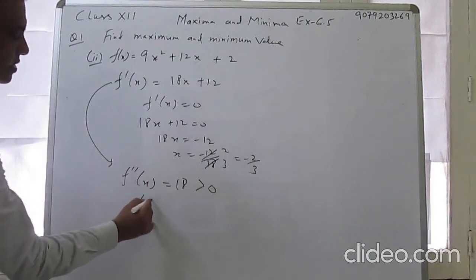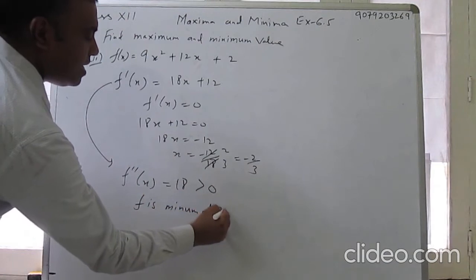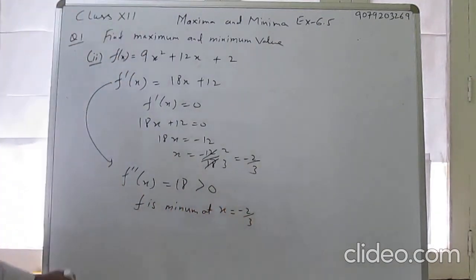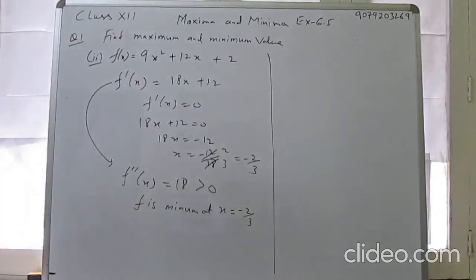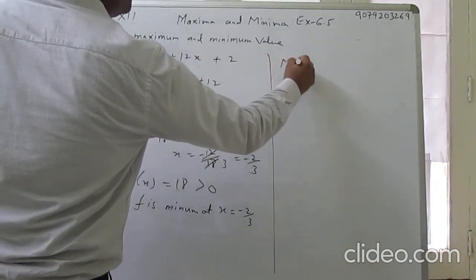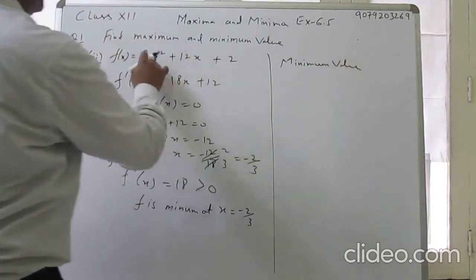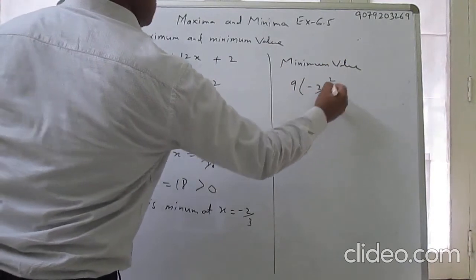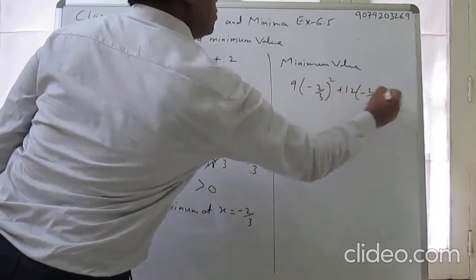So f is minimum at x is equal to minus 2 by 3. So minimum value. We find the minimum value, put in this: 9 into (minus 2 by 3) whole square plus 12 into (minus 2 by 3) plus 2.